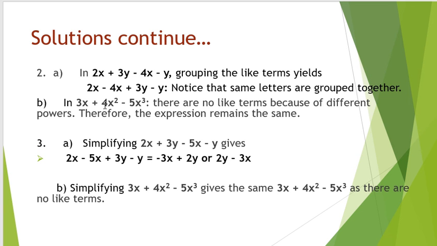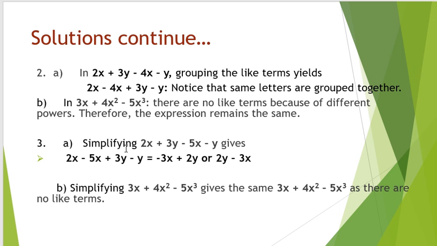So while the variable is the same, x, x, x, the terms here are not the same because of differences in powers. Therefore, in grouping these in terms of like or unlike terms, the expression remains the same. Why does it remain the same? Because these are unlike terms.